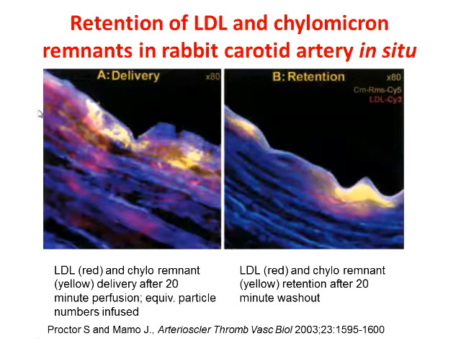And so you can see the yellow chylomicron remnants are accumulating in the artery wall just under the endothelium, and the LDL are accumulating and seem to go somewhat deeper. And then they stopped that infusion, and in some of the animals, they allowed a 20-minute washout period. And then they again isolated the carotid arteries. And what they found was there's actually a little bit less LDL when you take it away, but the chylomicron remnants seem to be more retained.